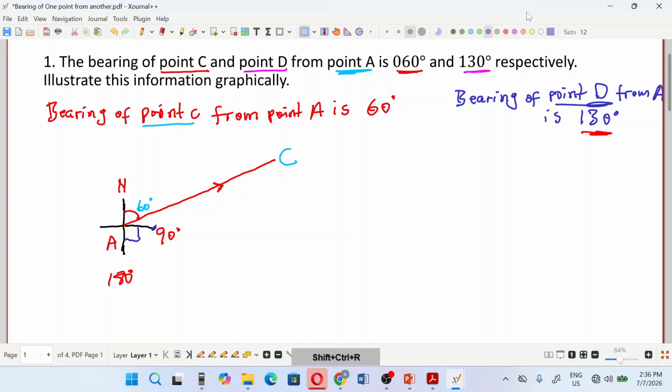But then I only need about half of it because I'm looking at 40, right? So if I want 40, I'm just going to take almost half of it. So this angle is 40. I just need 40 of it.